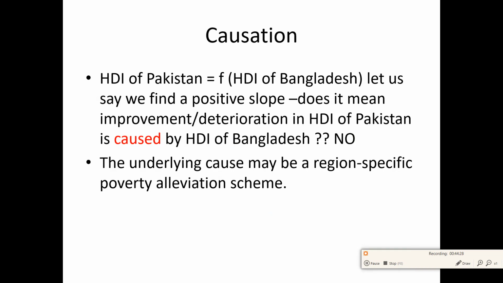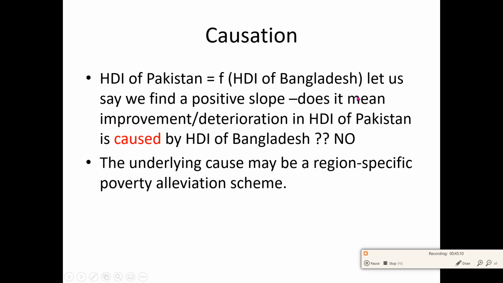Another example to explain the idea of causation. Let's say I regress the Human Development Index of Pakistan as a function of the Human Development Index of Bangladesh, and I find that the slope is positive and significant as well. Does that mean that if I improve the HDI of Bangladesh, it's going to improve the HDI of Pakistan as well?